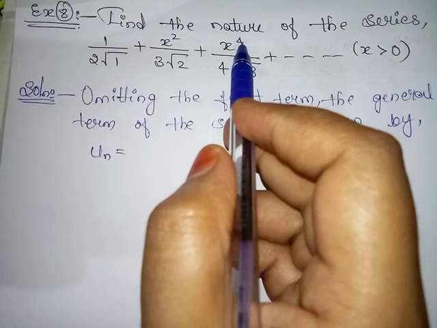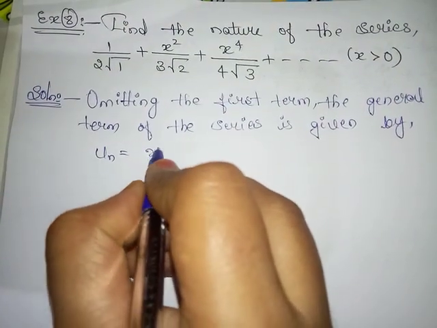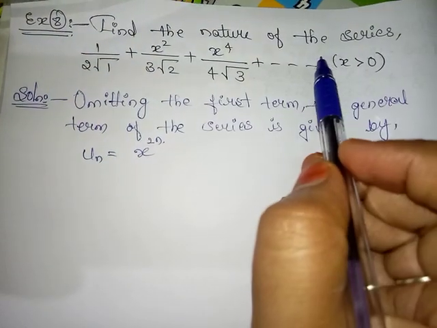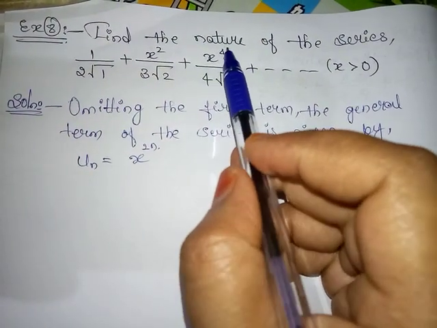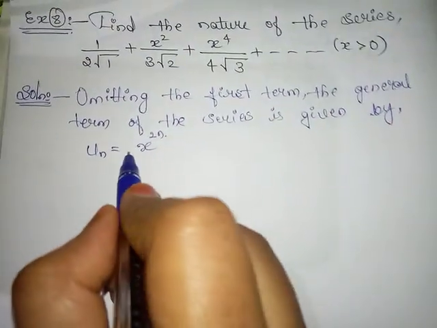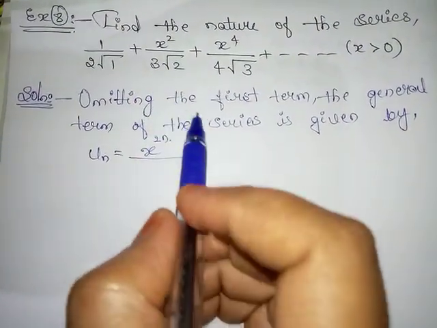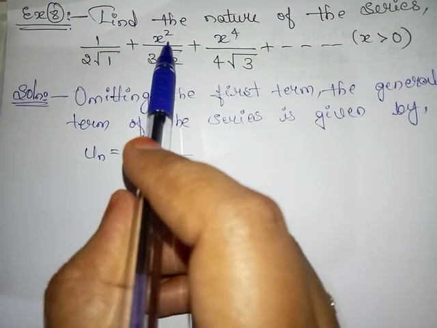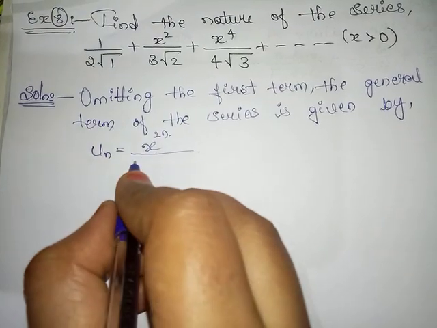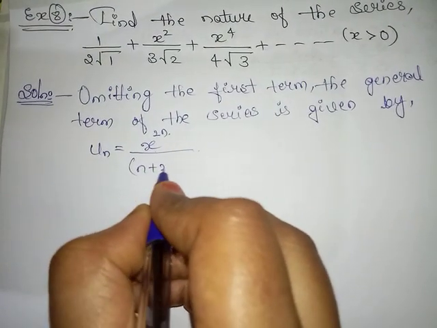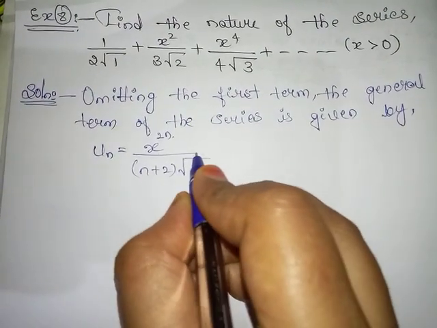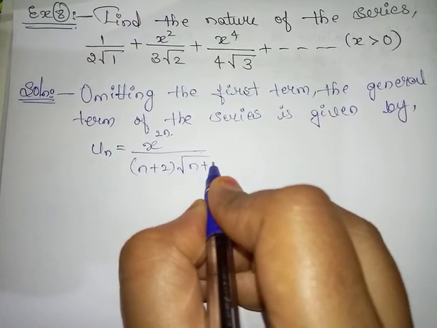2, means x raised to, I will take it as 2 into n, because we have here the x powers are multiples of 2, so we have to take x raised to 2n divided by, when n value is 1 we have 3 here, so it will be n plus 2 into square root of n plus 1.